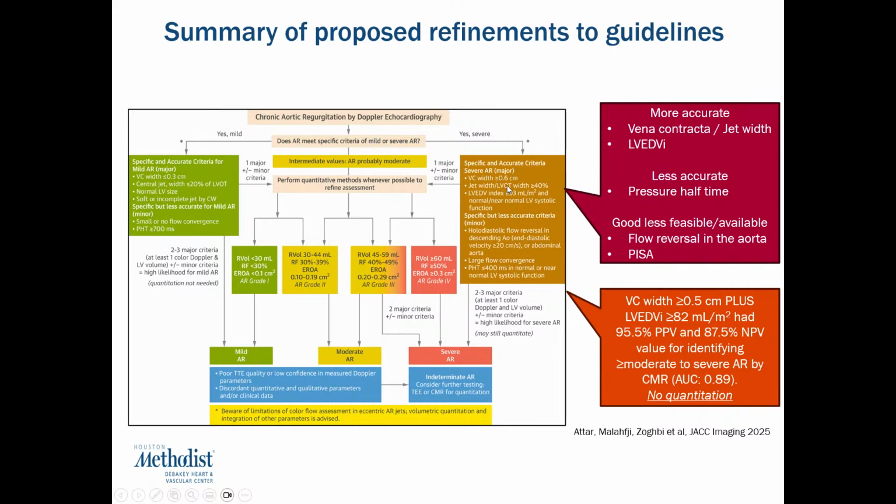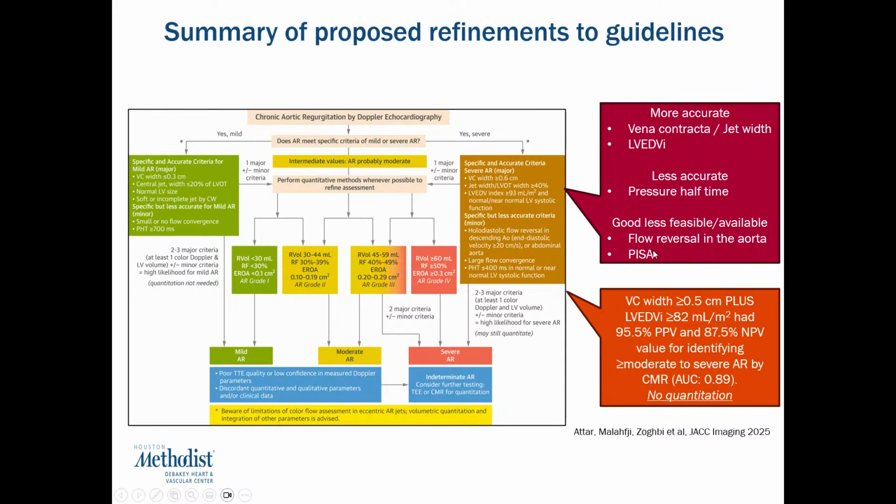So if you actually have just these two, either jet width plus volume or vena contracta plus volume, that actually takes you all the way to determining significant AR by CMR without you having to do all of this. It doesn't mean that you shouldn't be doing all of this, but when you have two parameters, dilated LV with a big jet, you can essentially take it to the bank. Pressure half-time on its own is so-and-so, like I said.